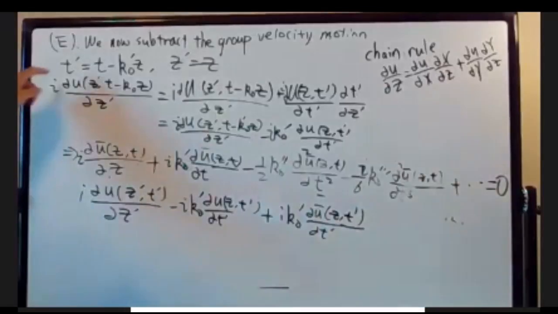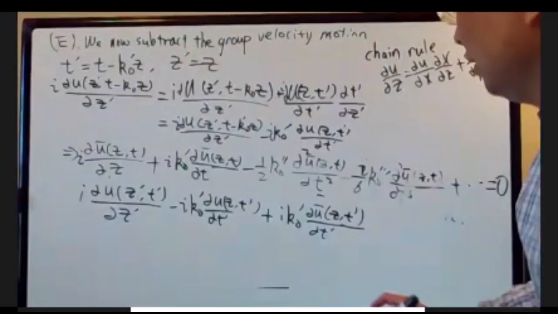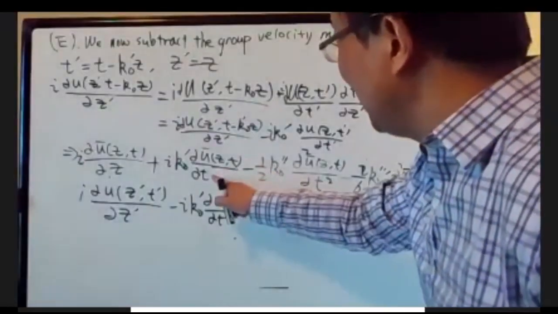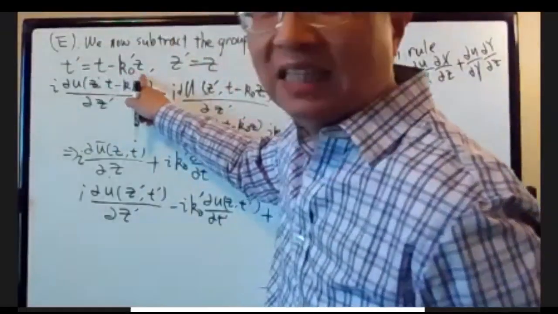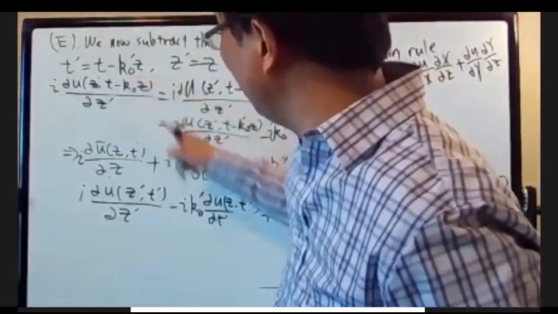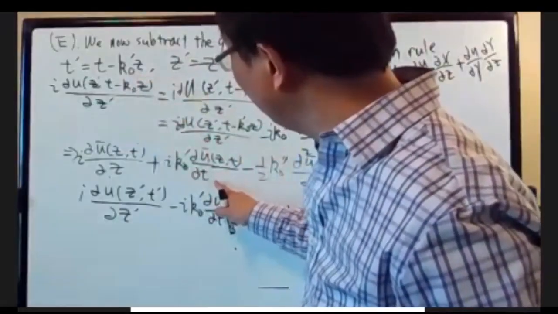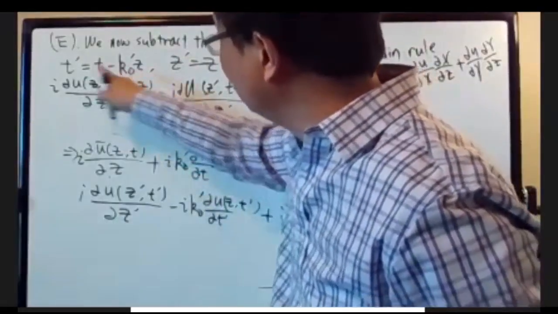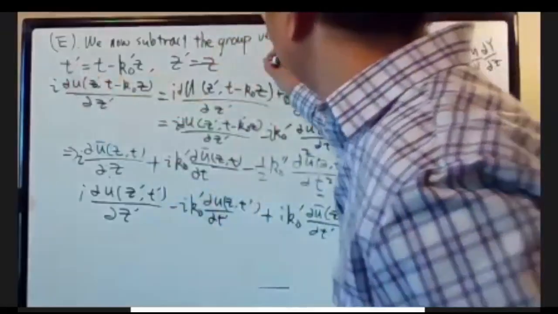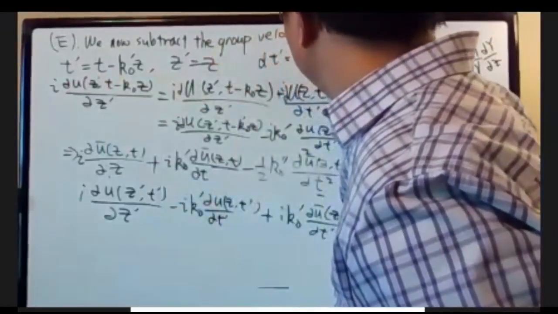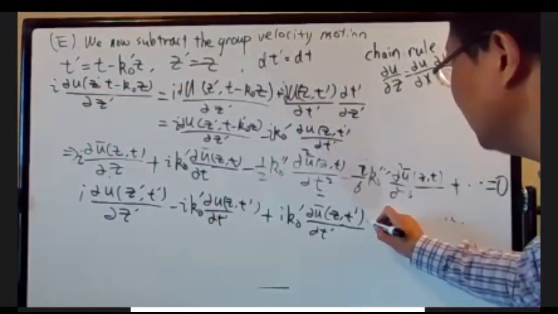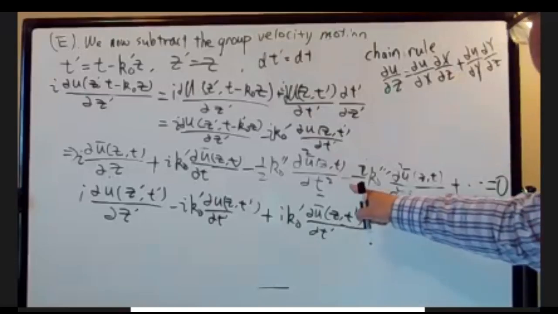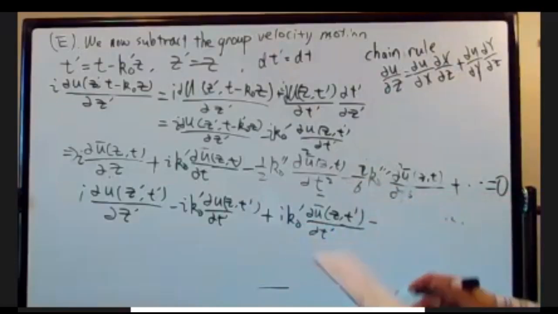We just shift the amount of time, because when I take a derivative with respect to t, z is a constant, so dt prime is dt, right? Then, let me finish. Is that a negative? Yeah.